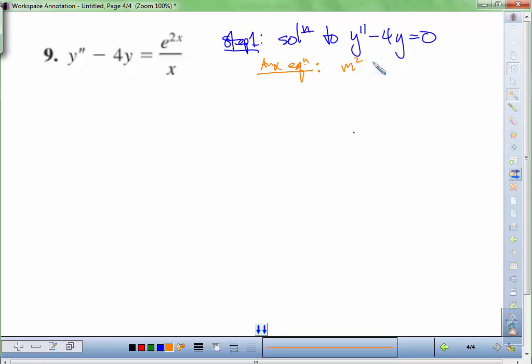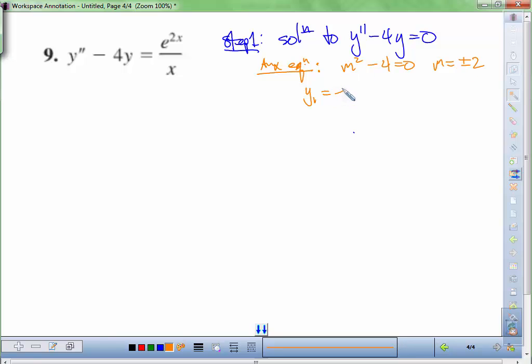So that would be m squared minus 4 is equal to 0. Find the solutions. m is equal to plus and minus 2. You're going to have 2 solutions. They're distinct roots, right?